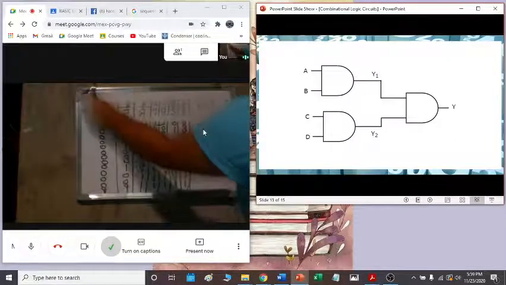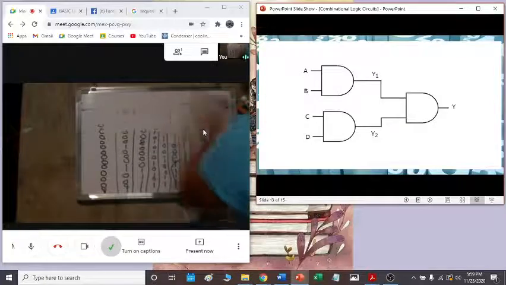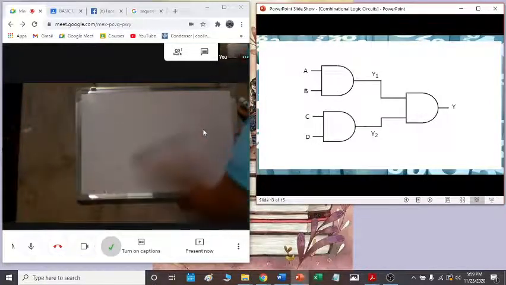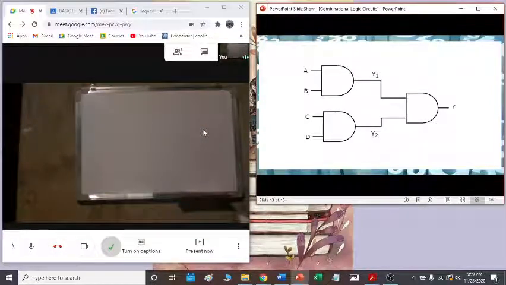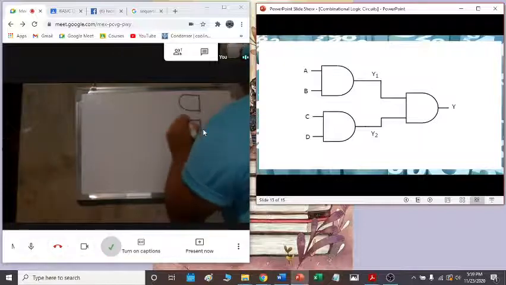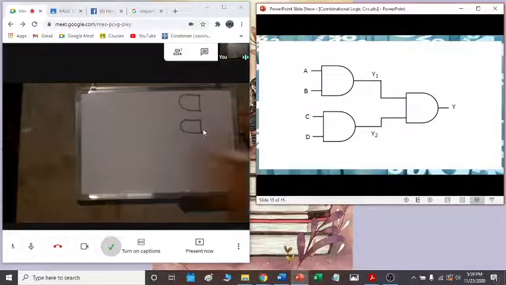So how do we transform this into Boolean algebra? Okay, so what we have here is the logic diagram. You have two AND gates, each with an output.